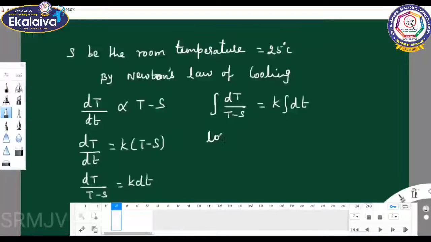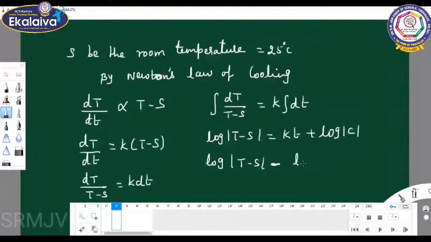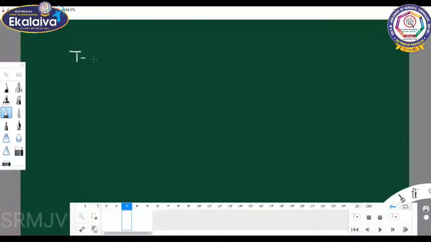So log of modulus of T minus S equals kt plus log of modulus c. Then log of modulus of T minus S by c equals kt. Removing the log, T minus S by c equals e power kt, so T minus S equals c e power kt, and T equals S plus c e power kt.